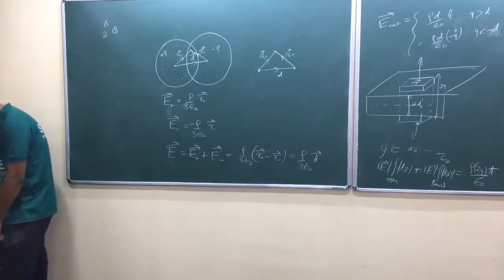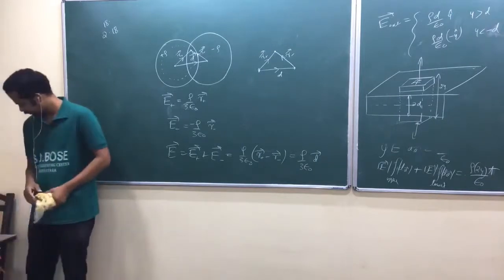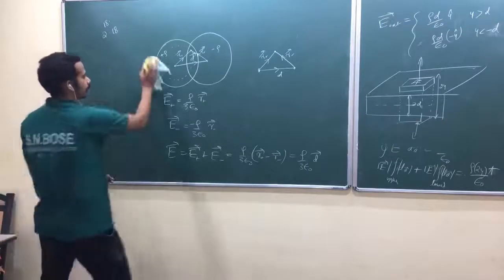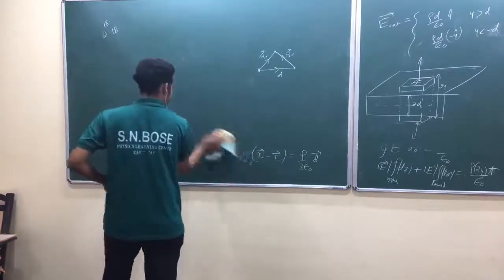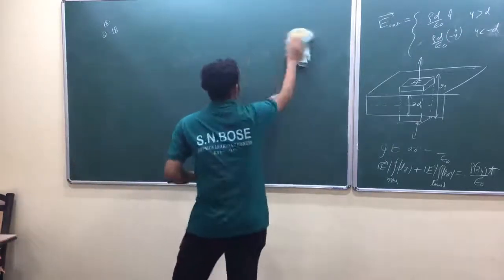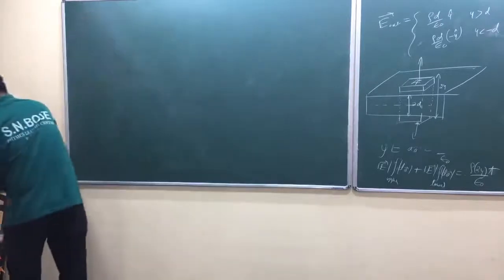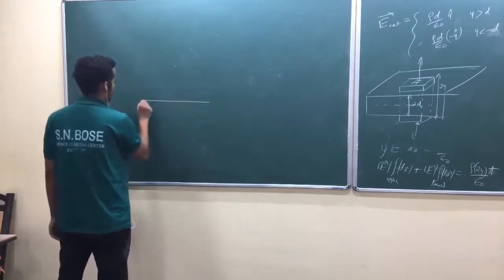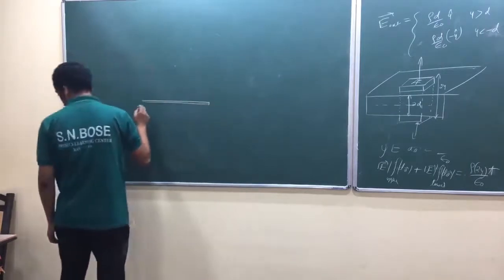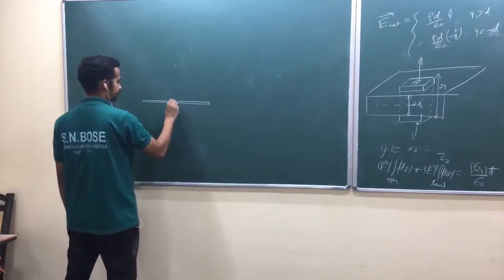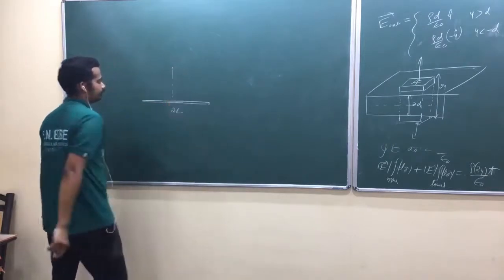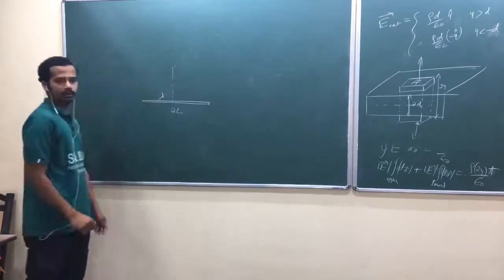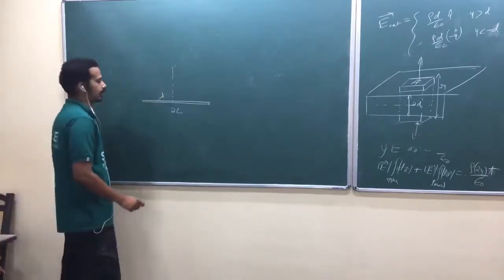Now let me quickly do one more problem. Let me take a rod of length 2L with uniform line charge lambda.